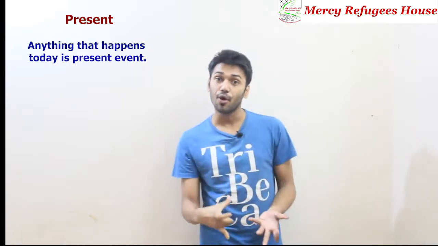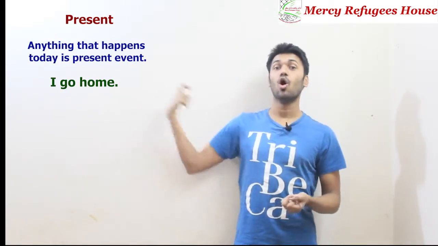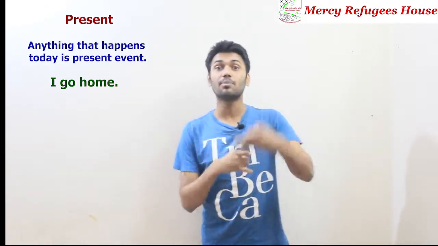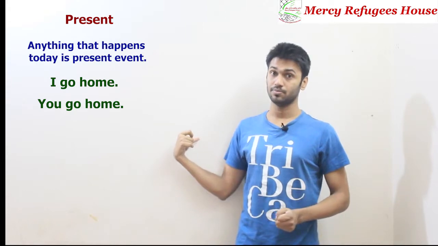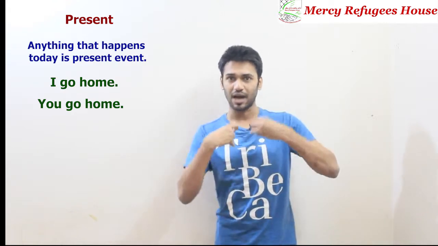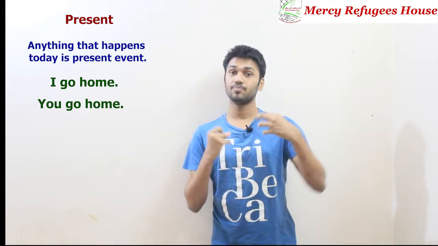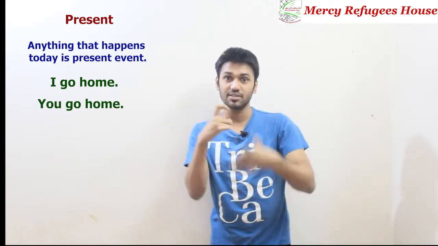So they will know about these things very well. So I go home. If I'm talking about you, then you say you go home. Then if it is Samir or any other person except for I or you, that means I means I, you means you. We are in front of each other, right? We can see each other.